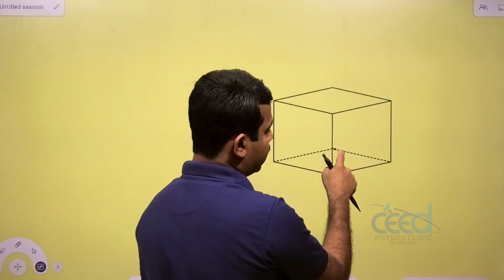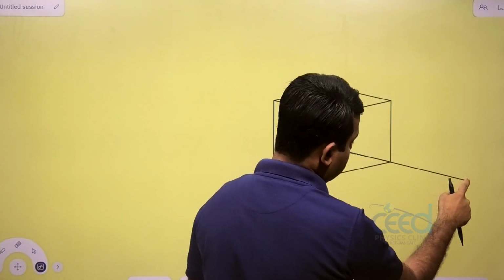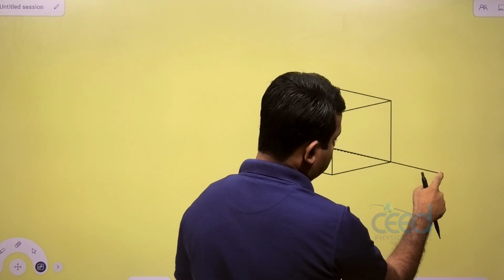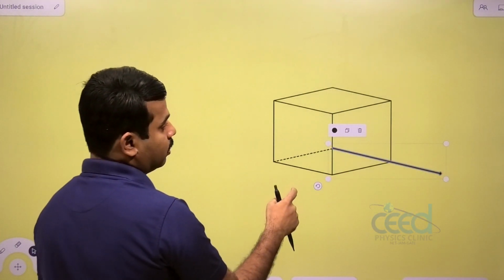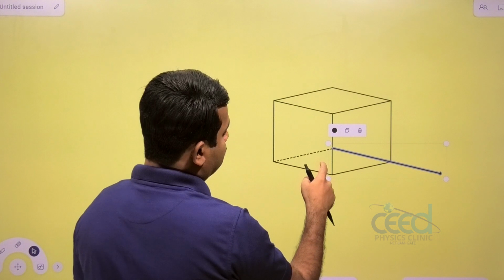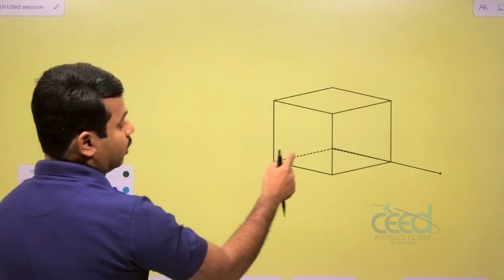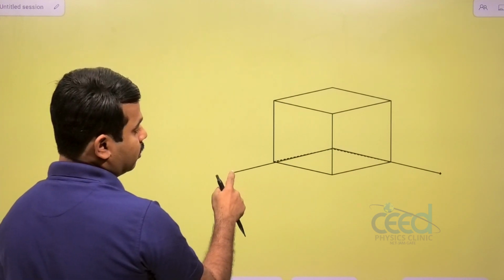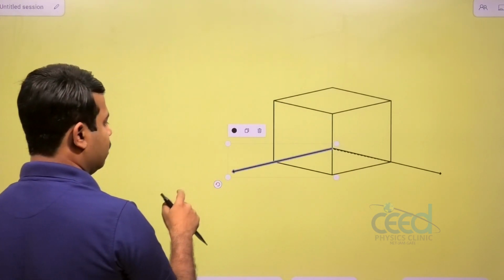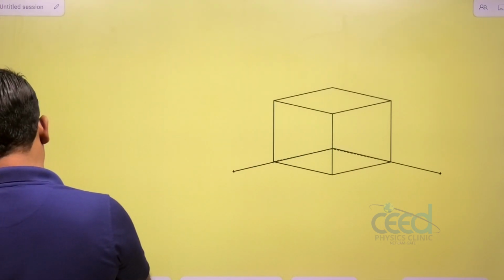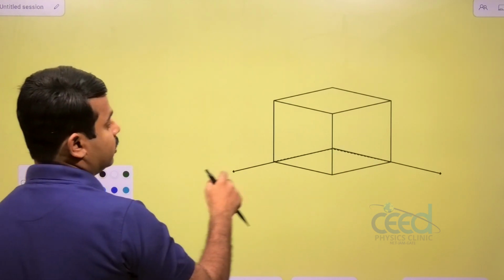Suppose along this direction I am taking the x axis. Along this direction I am taking the y axis, any axis you can take. Now again I am taking the z axis.